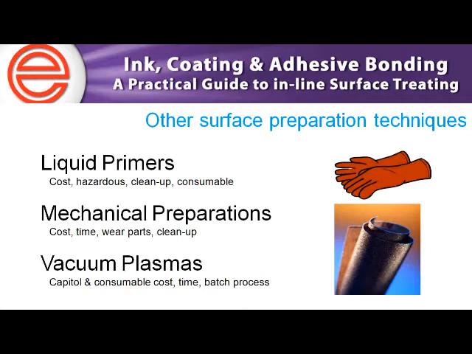There's also mechanical preparations. Ryan referred to using sandpaper or something to that degree to roughen a surface. So think of sandblasting or skiving if you're working with a folding carton application. That is an alternative. The downsides, obviously, there's wear parts, and it can get very messy and time-consuming. And then the third alternative is a vacuum plasma.